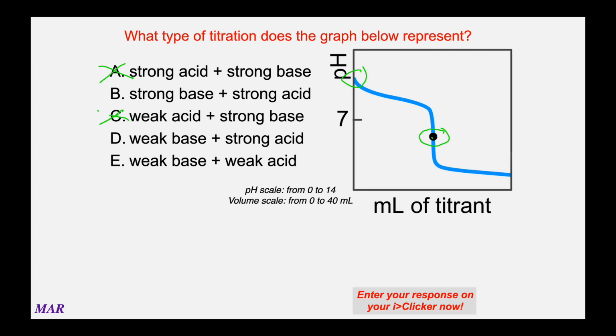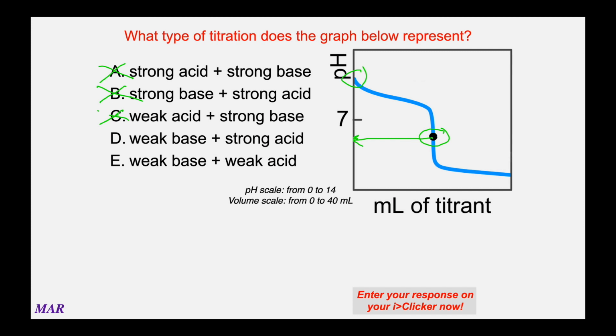If you go over on your y-axis, whatever pH it is, it's certainly less than 7. Now, a strong base plus strong acid titration would have an equivalence point at 7. And this one is certainly less than 7, so this isn't a strong base plus strong acid titration.